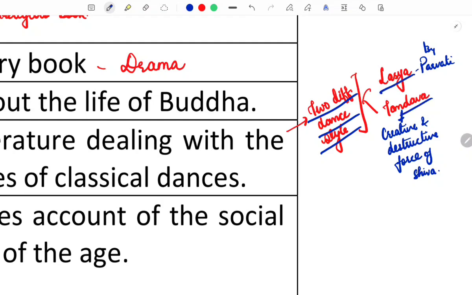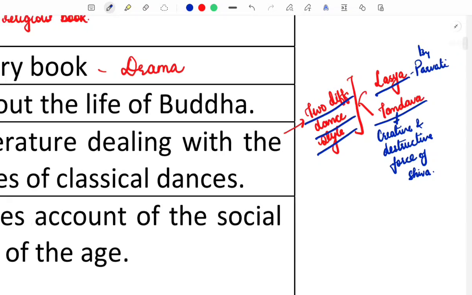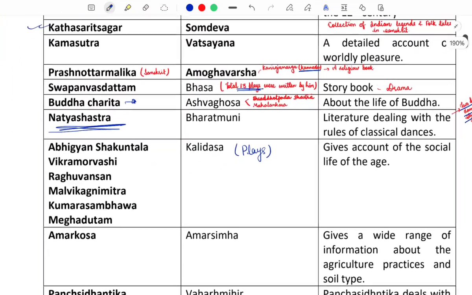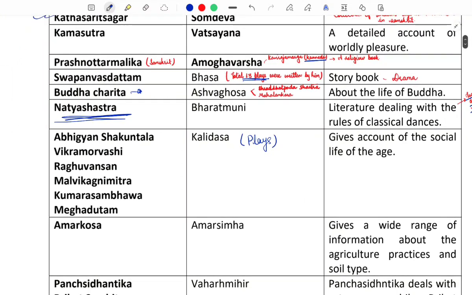The first is Lasya and the second is Tandava. The first is feminine in nature, and it is about beauty. The second is about the creative and destructive forces of Shiva. Tandava is actually a kind of violent dance. These two were explained in Bharat Muni's Natya Shastra.